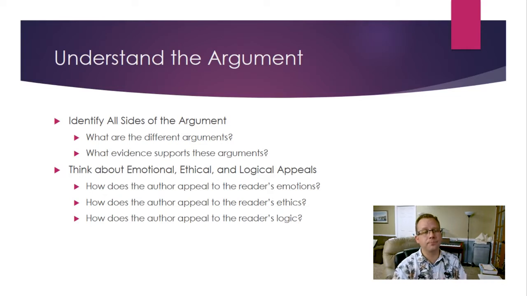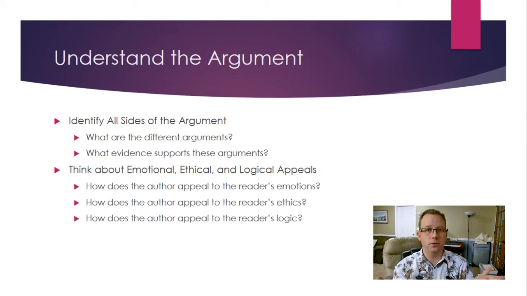So that being said, we've talked about the emotional, we've talked about the ethical, then it comes to the actual argument itself, which is the logic, the logos. The logic of the argument has nothing to do with who is saying it or how it's said. The logic of the argument should be free from bias.